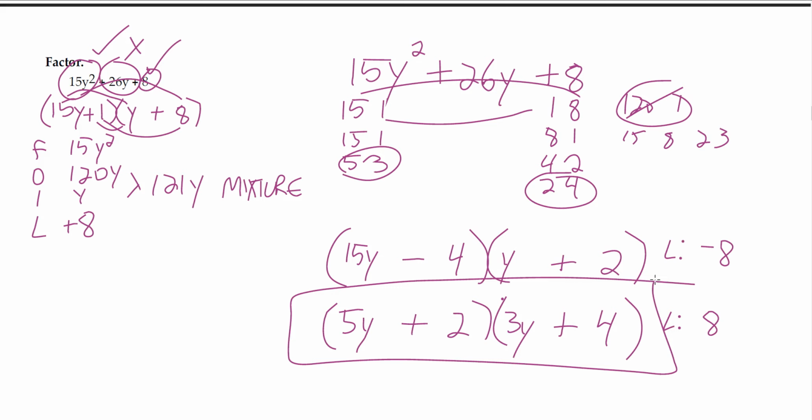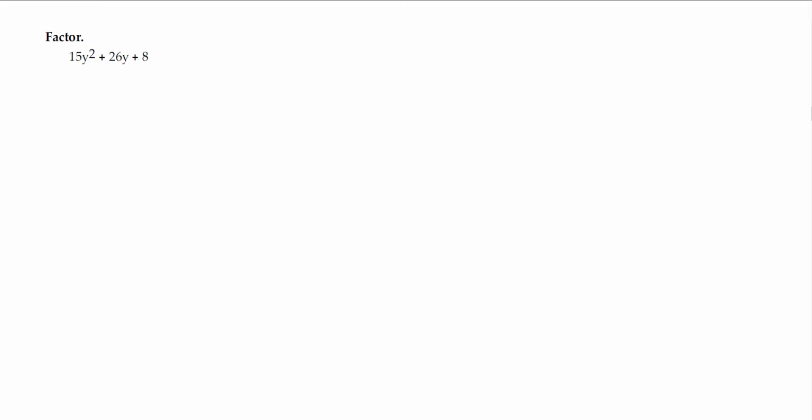Okay, so this process can happen much faster the more you practice. So I'm going to do this problem over one more time and show you a little faster result. Okay, so 15. I like to start with the numbers that are closest together for factors.